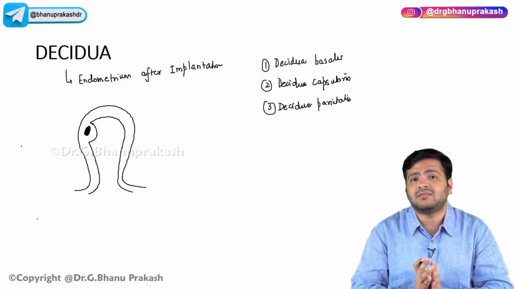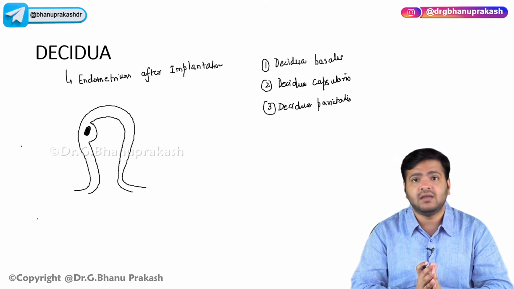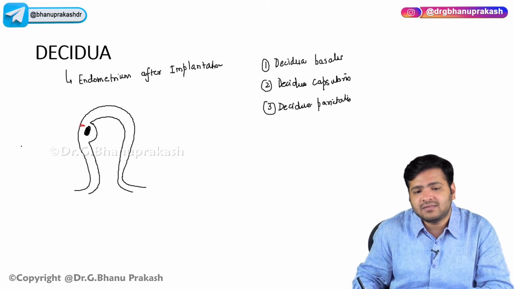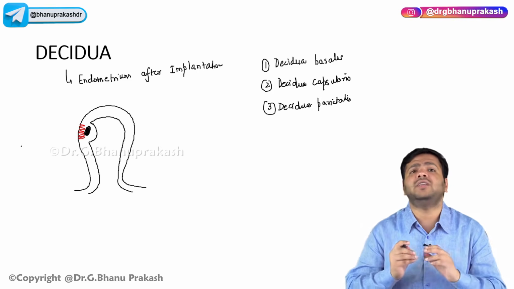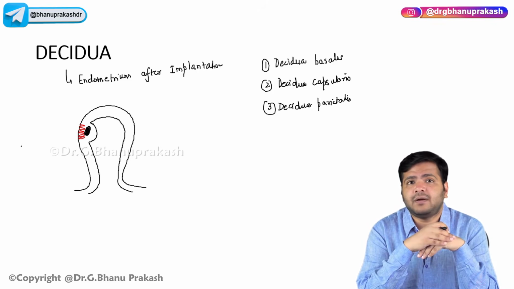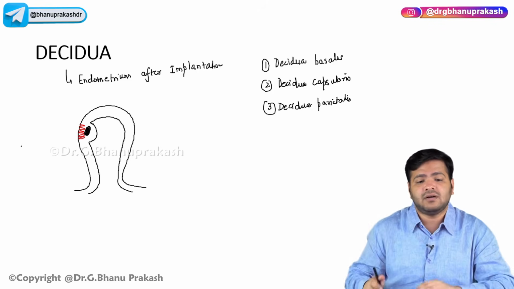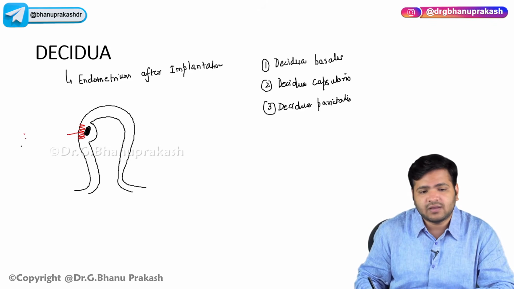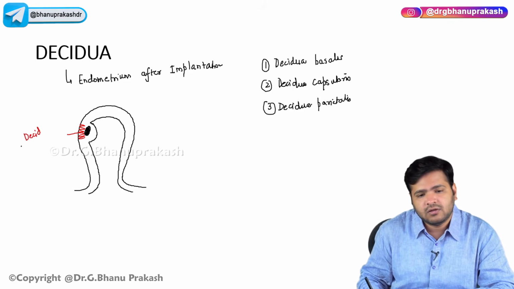Now you already know that this is the developing embryo, and this is the blastocyst. Decidua basalis is the one which will separate this blastocyst from the myometrium. You already know the uterus has three layers: the endometrium, myometrium, and the perimetrium. So this decidua is called the decidua basalis, right?